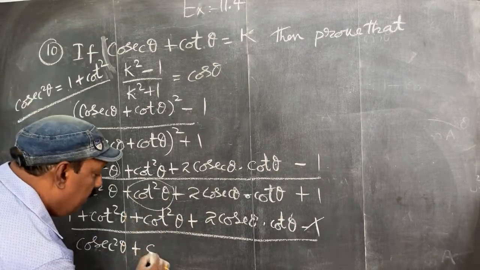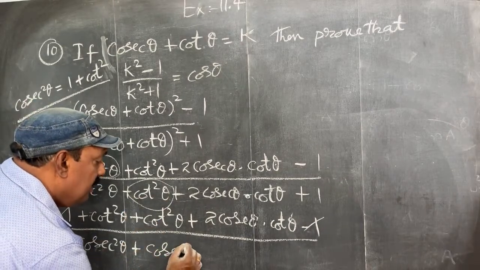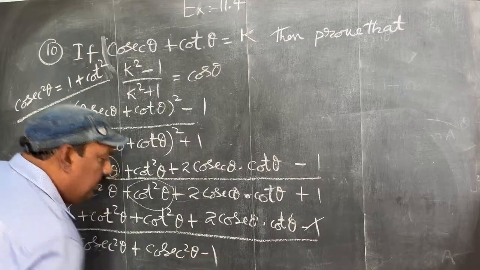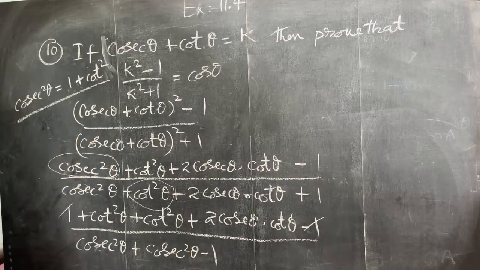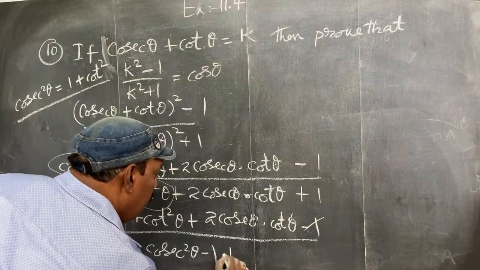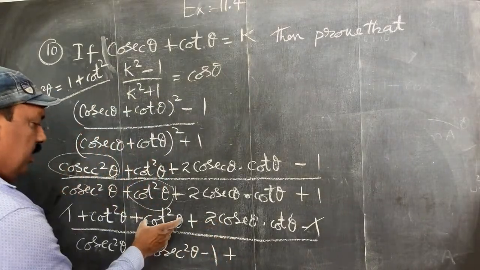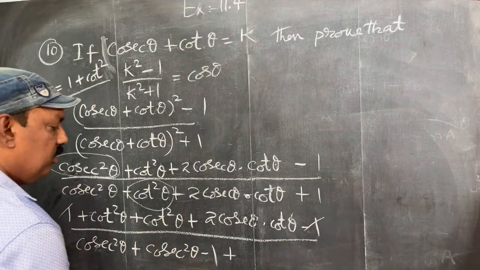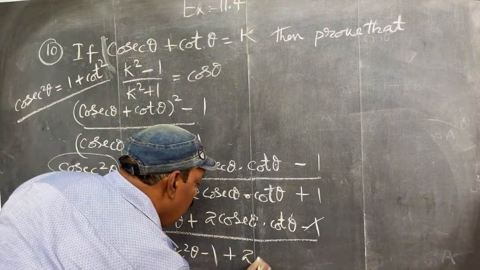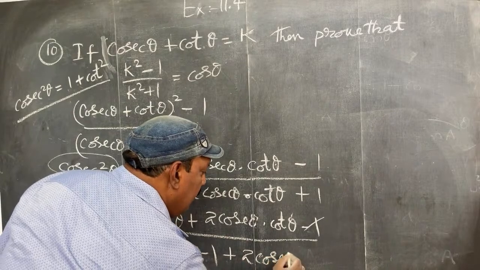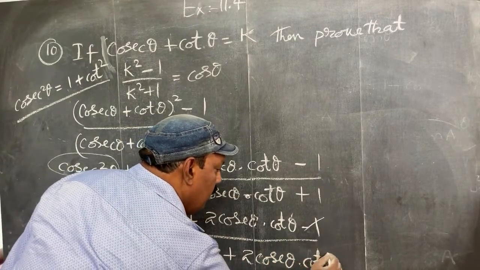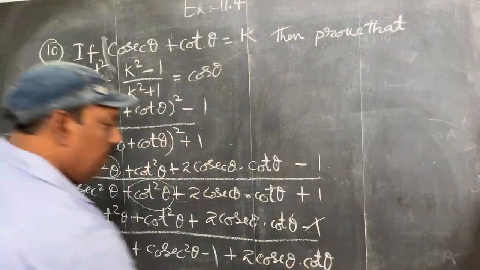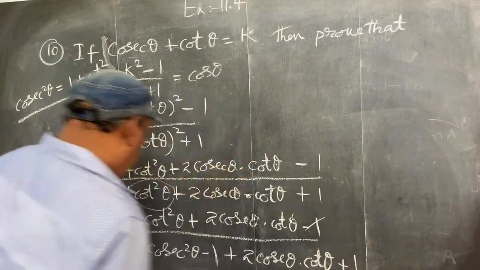Cot square theta is nothing but cosecant square theta minus 1. Cosecant square theta minus 1 plus, here in the place of cot square theta I kept cosecant square theta minus 1, and plus 2 cosecant theta into cot theta plus 1.